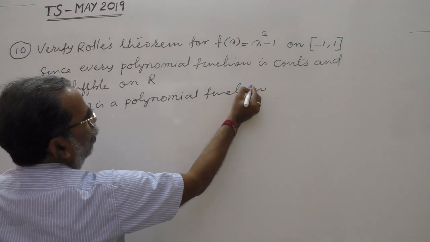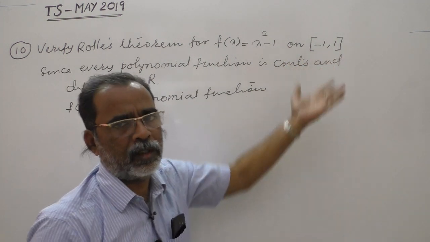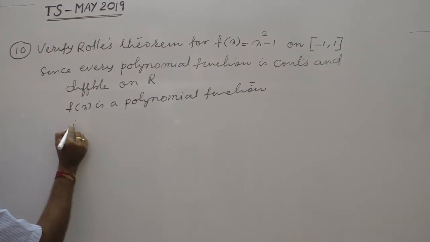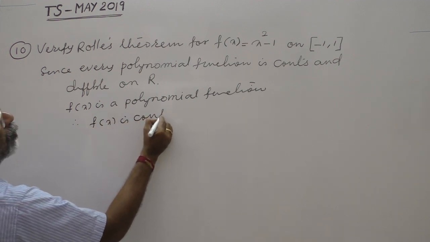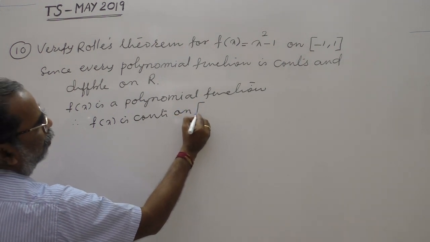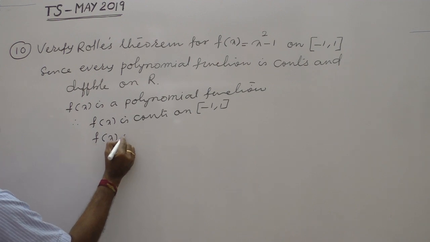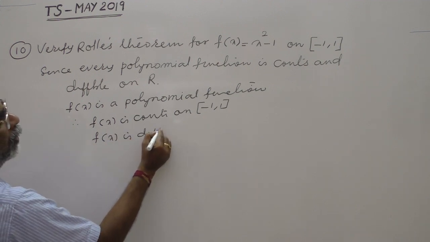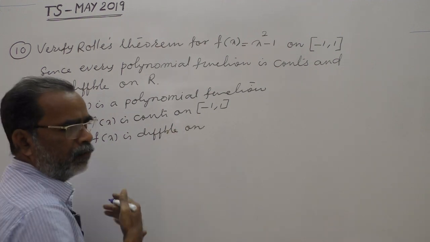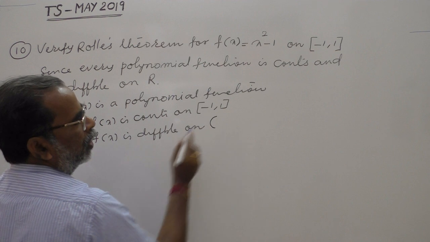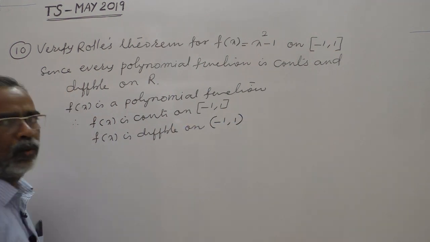Therefore, it is also continuous on R. Since it is continuous on R, it is a subset of R. Therefore, f of x is continuous on closed interval -1 to 1, and f of x is differentiable. It is differentiable on R. Since it is differentiable on R, it is differentiable everywhere on real numbers. So in Rolle's theorem, it should be differentiable on the open interval.